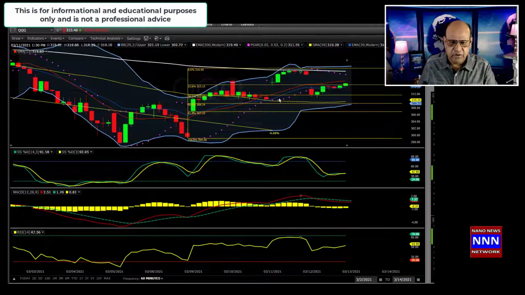All right. So here is our impulse wave going from 0 to 100%. Now the question is, how much is this retracement supposed to be? The retracement, as we can see from the top, is 38.28%. So that's pretty good.